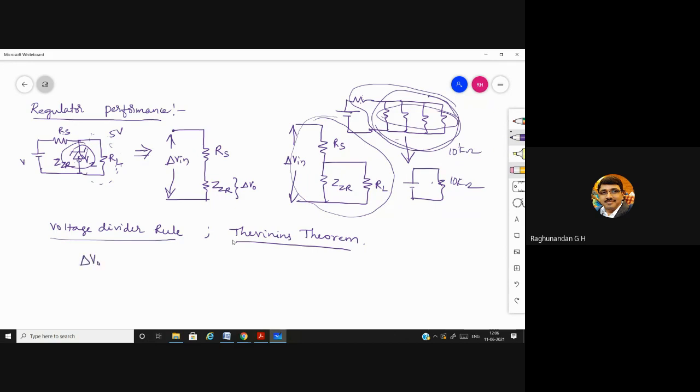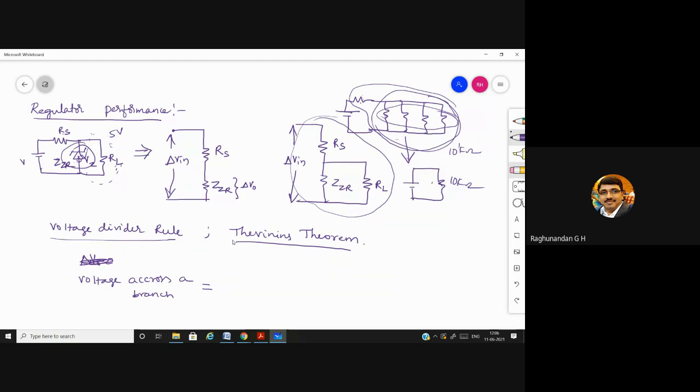So delta V naught is equal to, okay, first we'll write the formula. So voltage across a branch. So just write down this formula because I have given directly the formula.